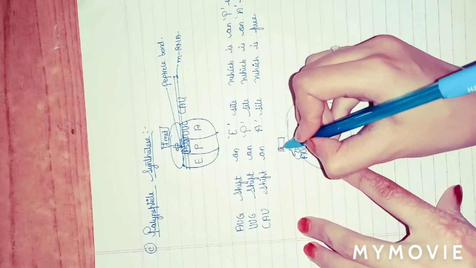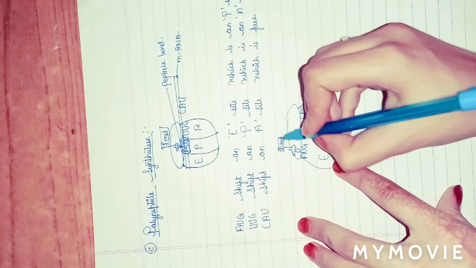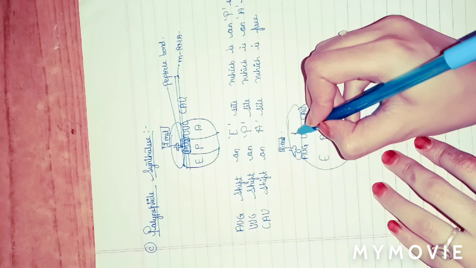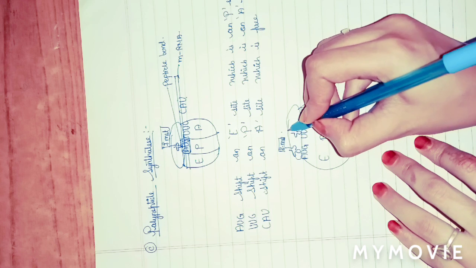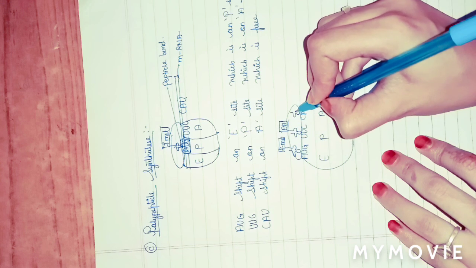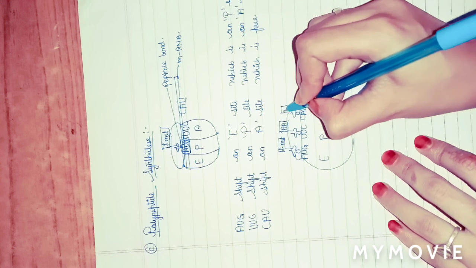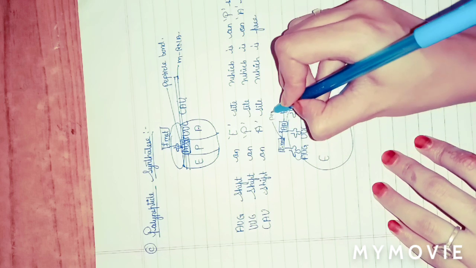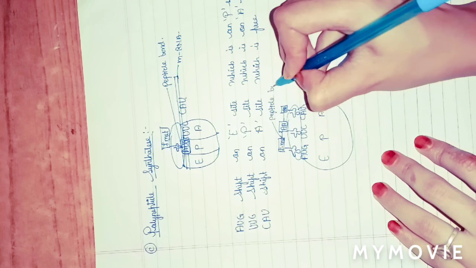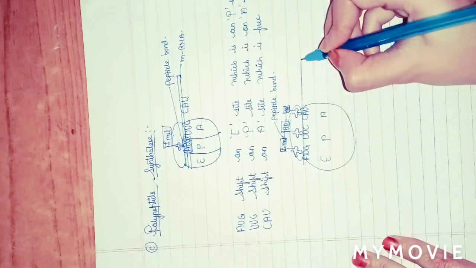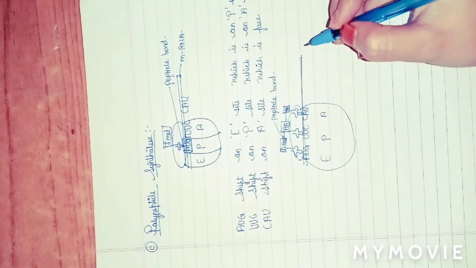This AUG, the starting codon, has the F-met amino acid. This tRNA has a different amino acid. This codon has a different amino acid with tRNA, and they form a peptide bond with each other. This goes further and so on and forms a protein.